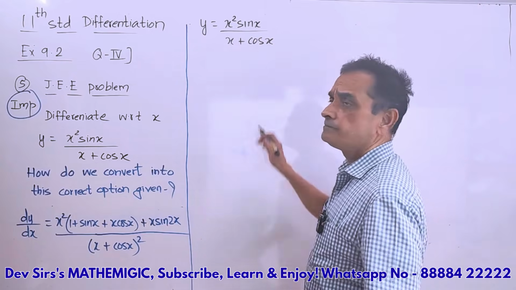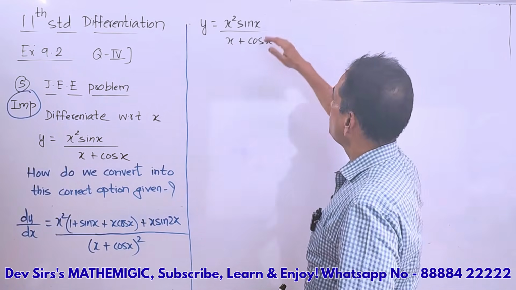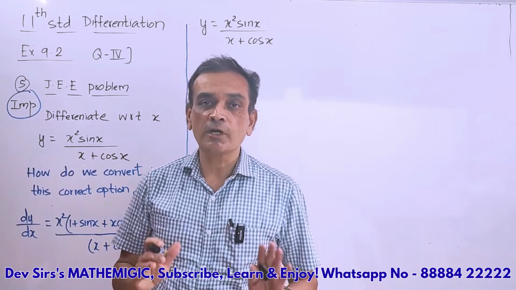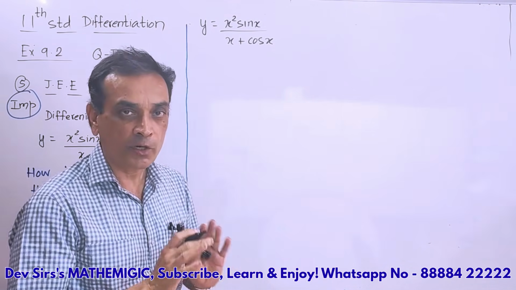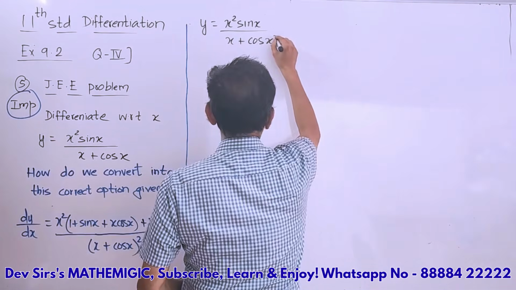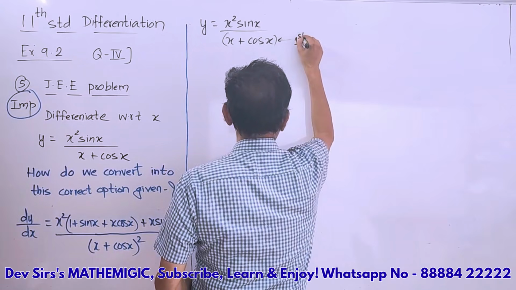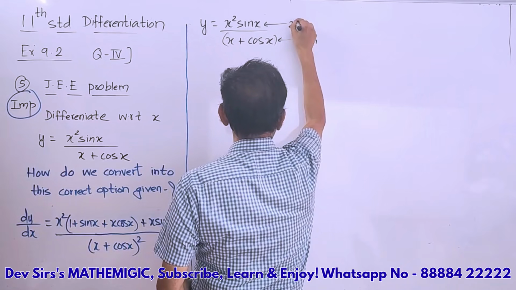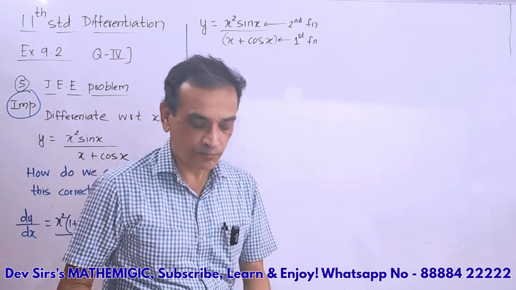This is given. Now, whenever you are given numerator upon denominator, it means we are going to use quotient rule. Quotient rule means derivative of numerator upon denominator. So before using the quotient rule, call this as the first function, this as the second function, for our reference.